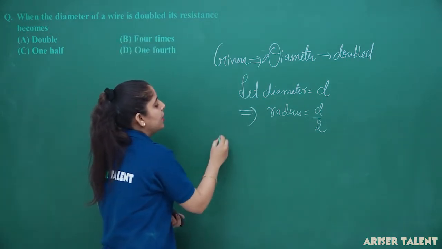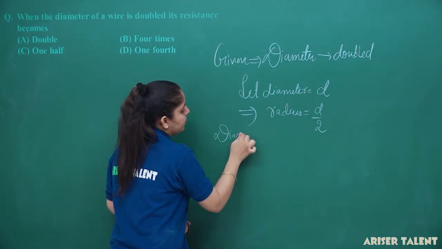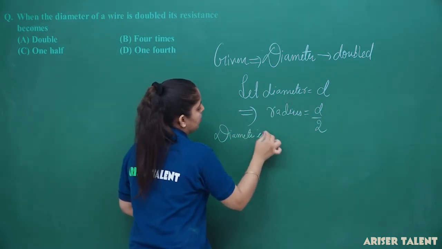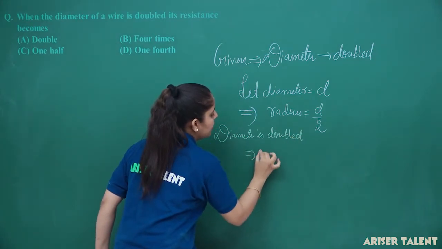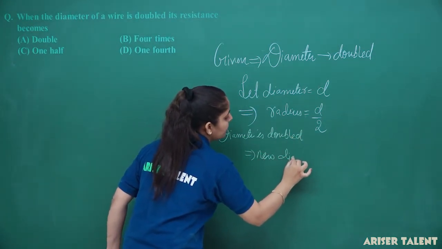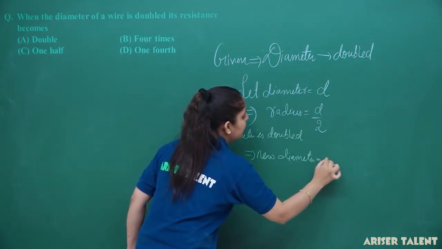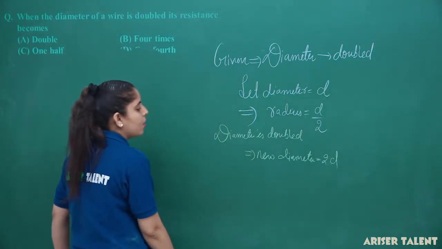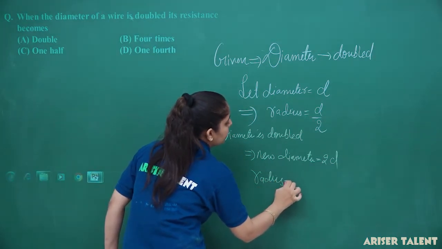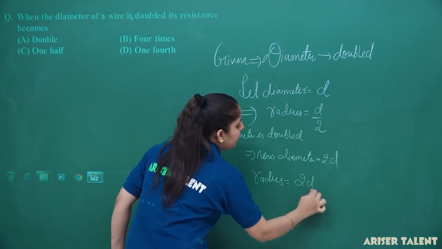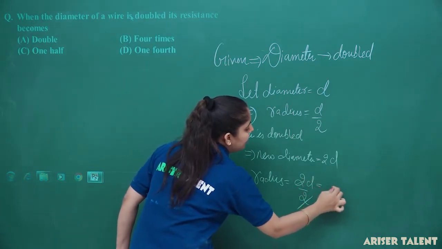Now, the diameter is doubled, so our new diameter will be 2D. It means it must be double. Radius equal to 2D by 2. So what will be the radius now?